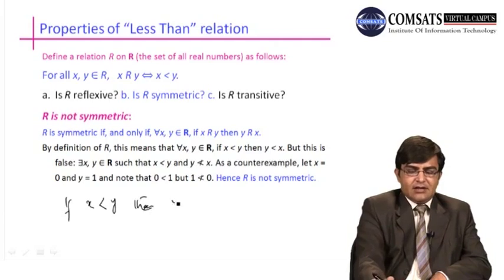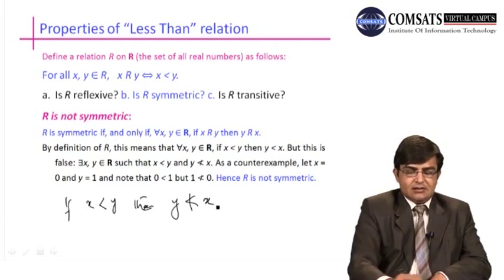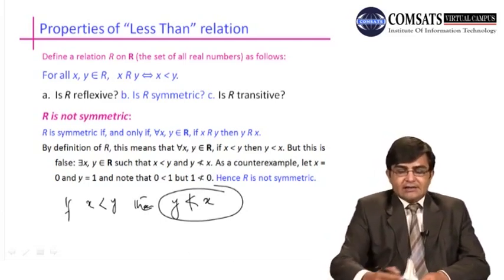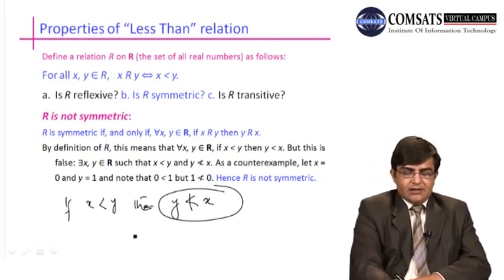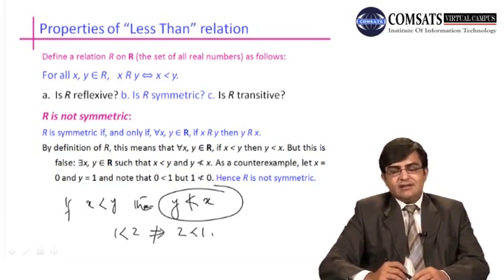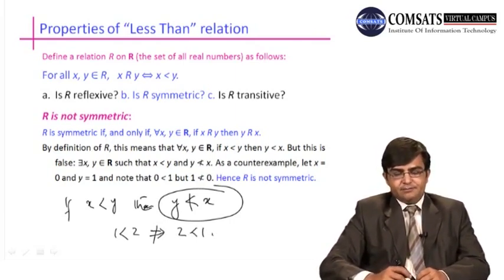As an example, 1 is less than 2, and this doesn't imply that 2 is less than 1. Therefore this relation is not symmetric.